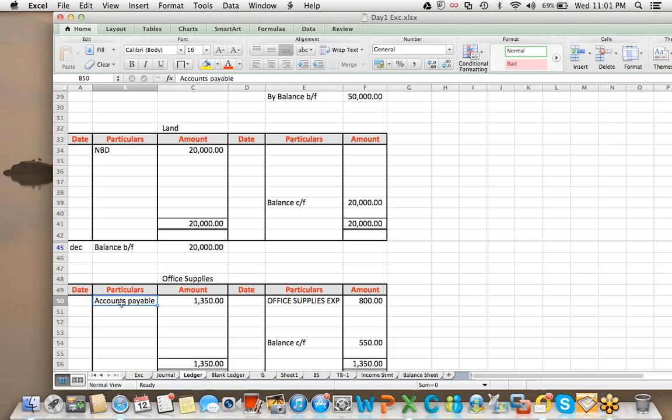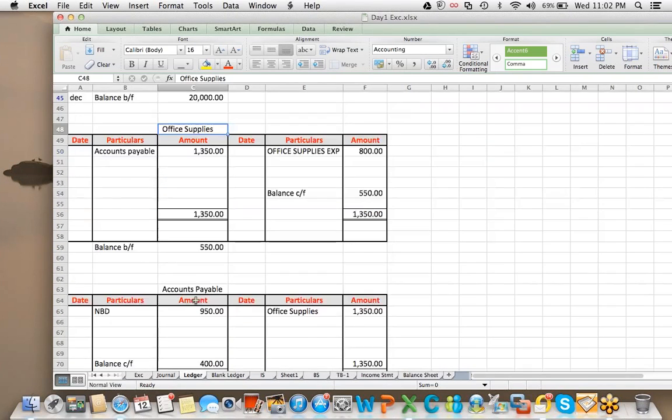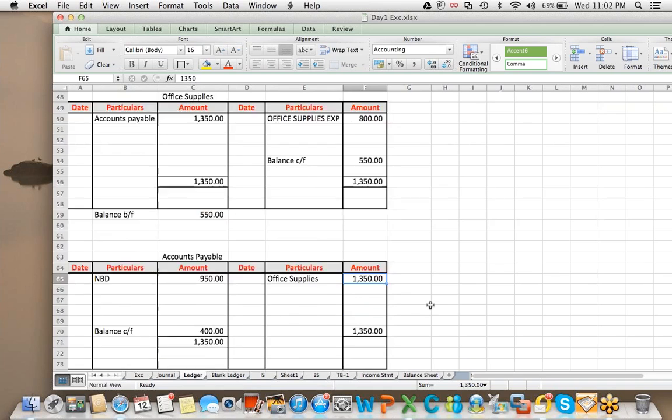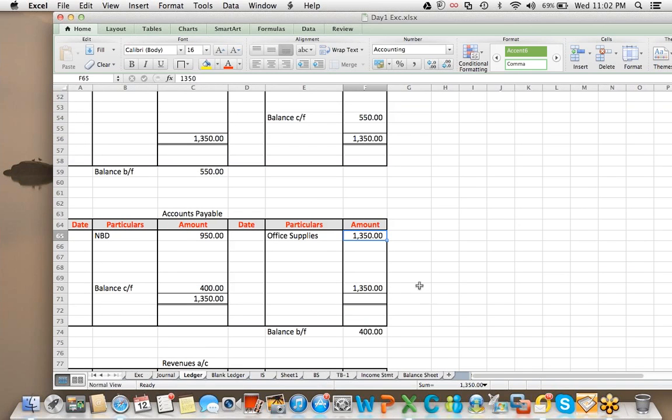What will be the second effect? Office supplies is debited with accounts payable. Correct. Accounts payable should be credited by office supplies, this amount. Are you getting me? Yes, got it.